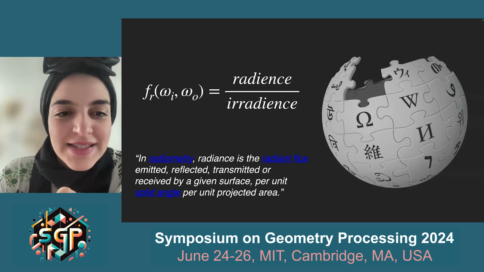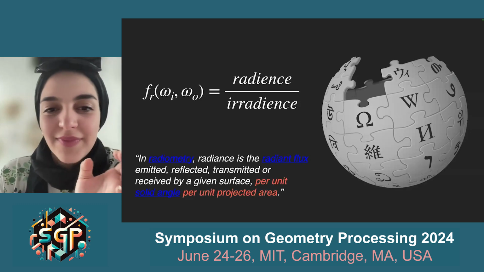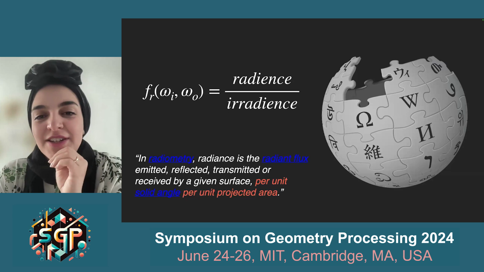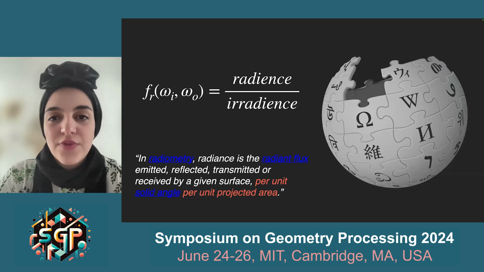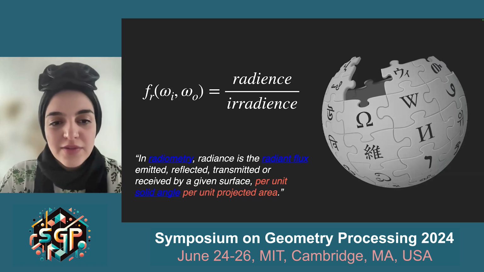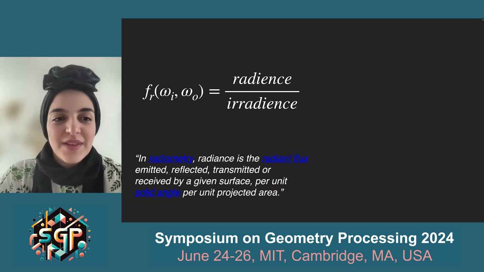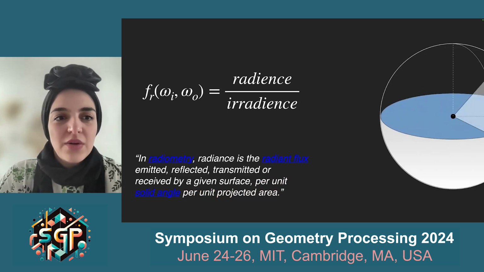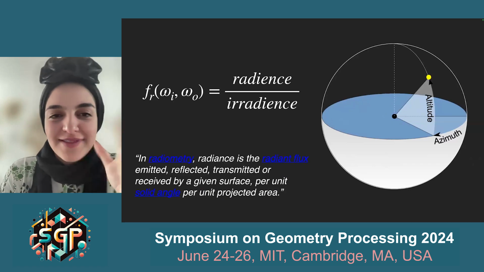So that makes the math of BRDF a little bit hairy. It's grounded in a way of measuring things that is standard practice for radiometry, but it's a bit weird if you are not used to working in spherical coordinates. On one level, it's not too hard to get your head around.